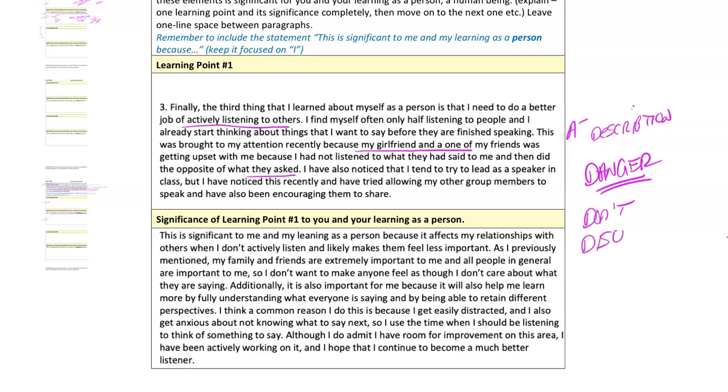So don't discuss things you have already learned or what you already know. We're looking for new learning. It's okay if you discuss something that's a new learning based on an old learning. So let's say you've always known that not listening is detrimental to your friendships and your working relationships. As people tell you you're not listening, maybe they think you're selfish or something along those lines. And maybe there's a new learning, and you realize in the time frame of the journal that there's a reason why you find yourself not listening.